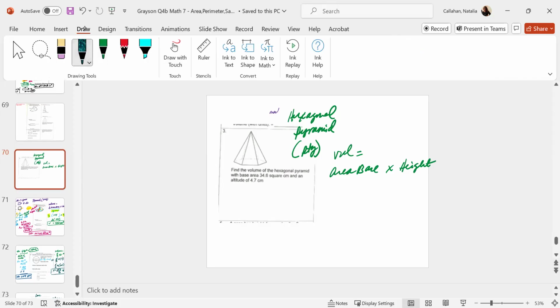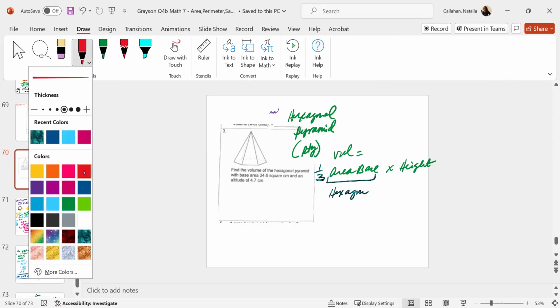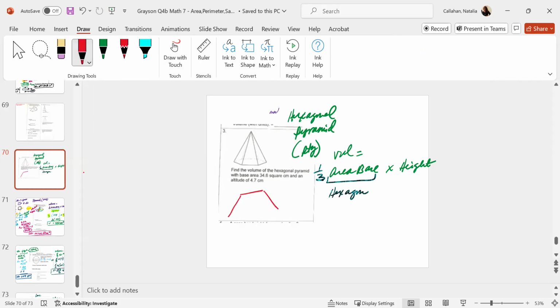It's pointy, so it's a 1/3. What shape is the area of the base? Not looking for a number, it's a hexagon. So draw your hexagon. Didn't we find the area of a hexagon once before? And didn't I tell you that you have to break it down into 6 different little triangles?